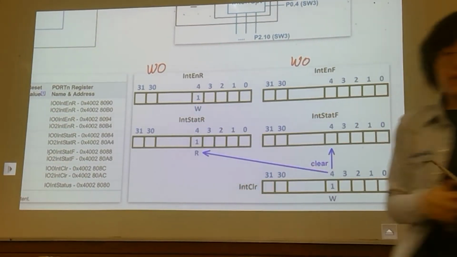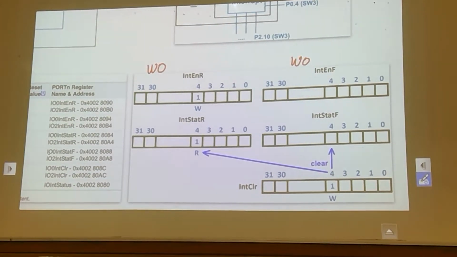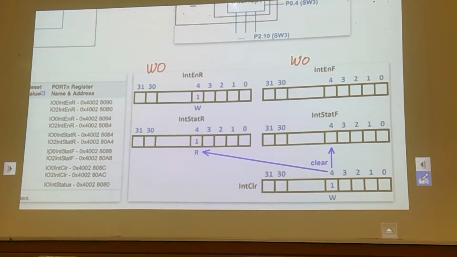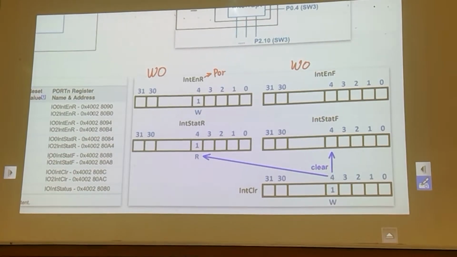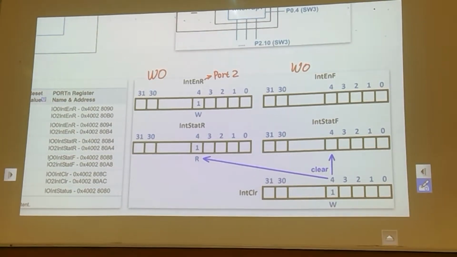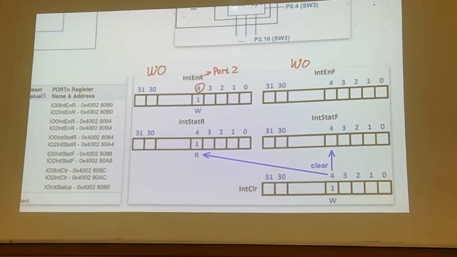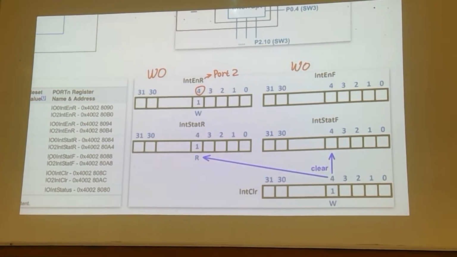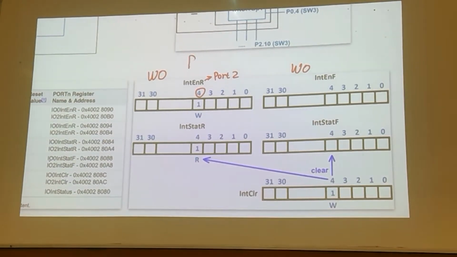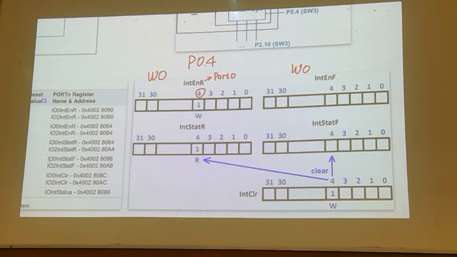Let's say this one is for port 0, and since I write 1, I'm setting P0.4.